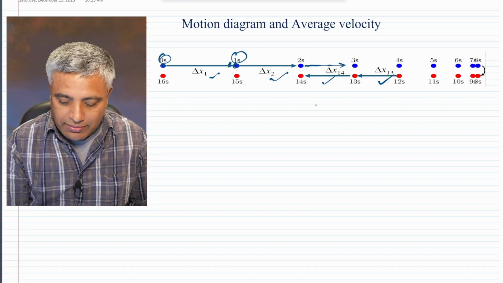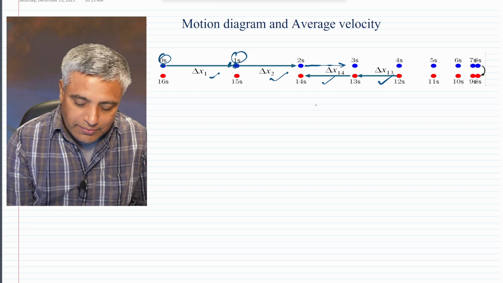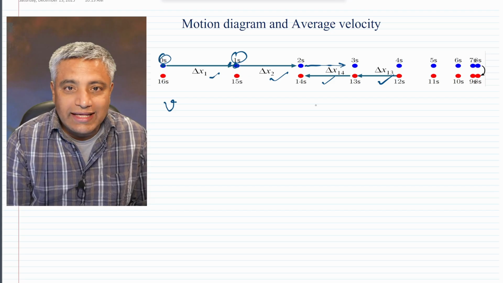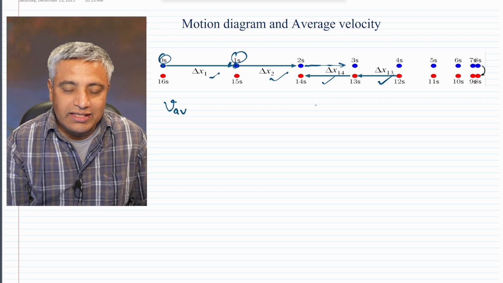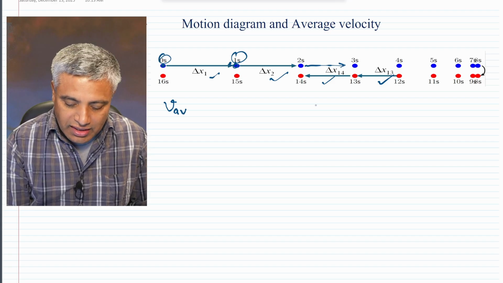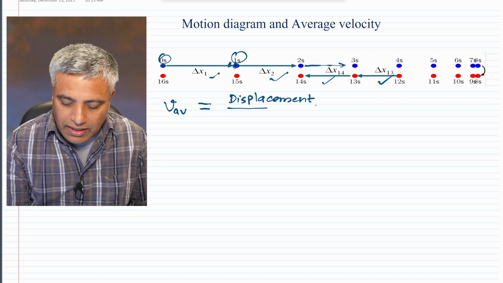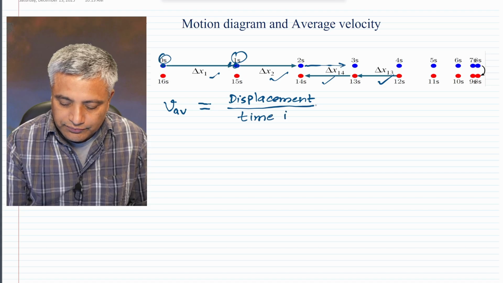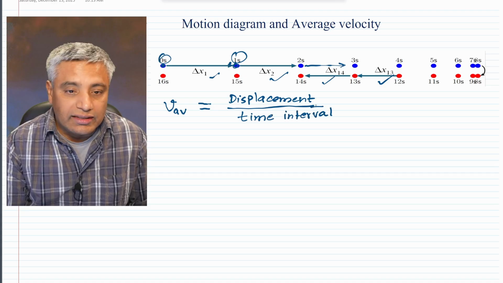Since we have displacement, we can find the average velocity using this formula. In short, we denote velocity by lowercase v, and here I am writing subscript AB for average. And average velocity is displacement divided by not just time, but the time interval for that displacement.